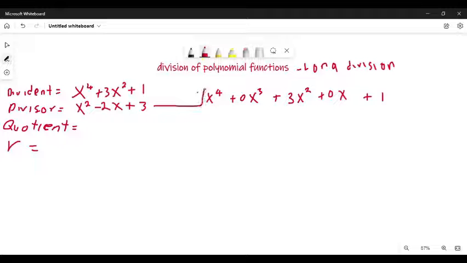In this, you write it like this. So you're going to write this under there. Then here you write your divisor, which is x squared minus 2x plus 3. Alright, so we continue now. Same procedure. So let me demarcate this.